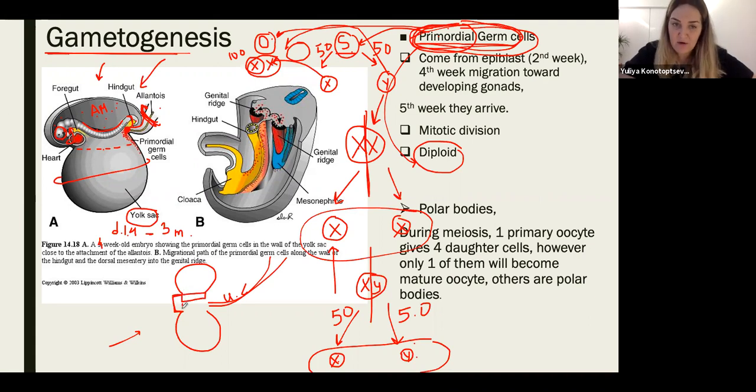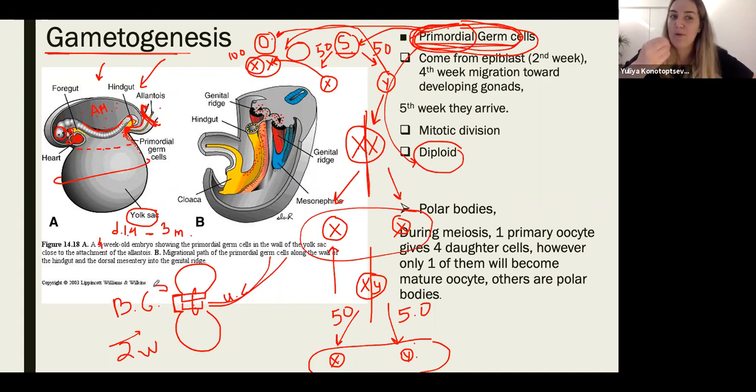The bottom layer is called hypoblast. Together, these 2 layers are called bilaminar germ disc.